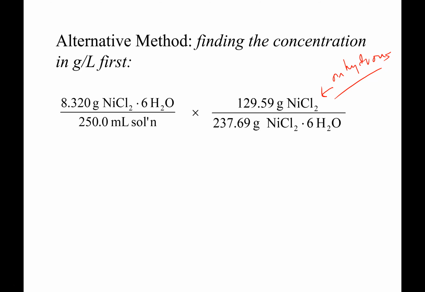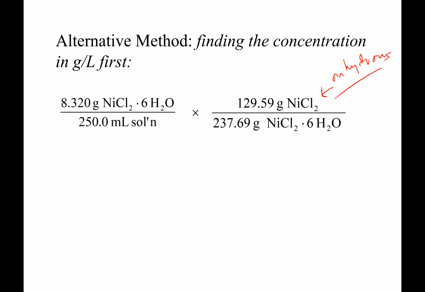So 129.59 grams, any questions on where that number came from, relative to the molar mass of the hydrated salt, which was a whopping 237.69 grams of NiCl2.6H2O. That's their relative masses on a one mole basis.